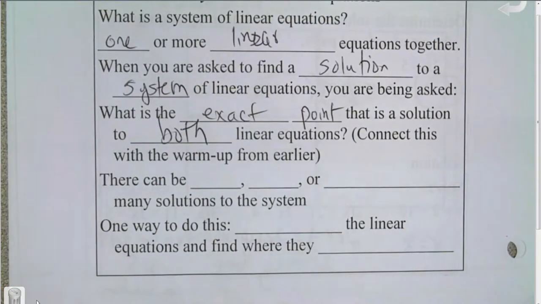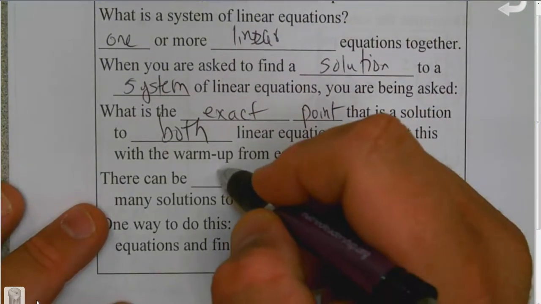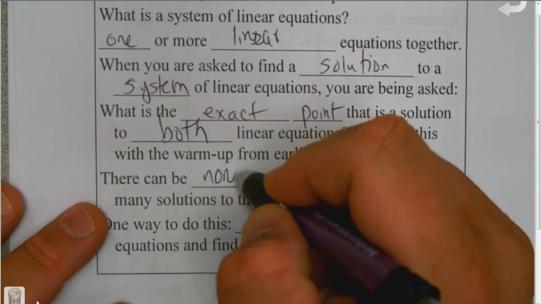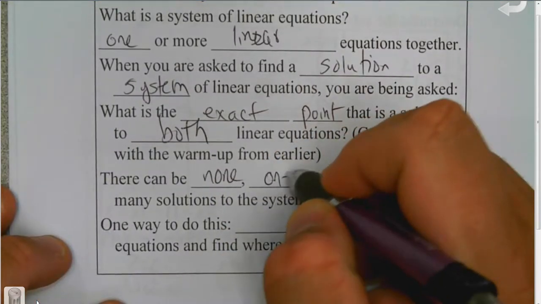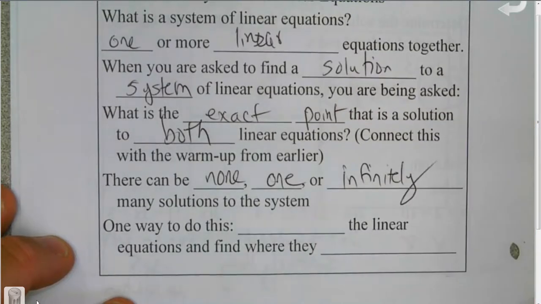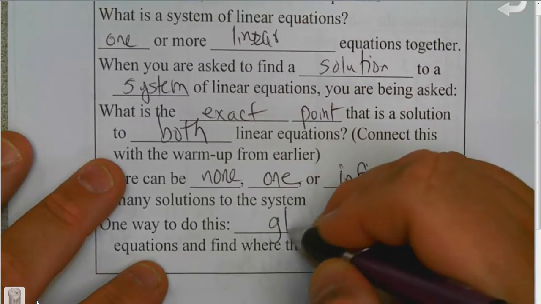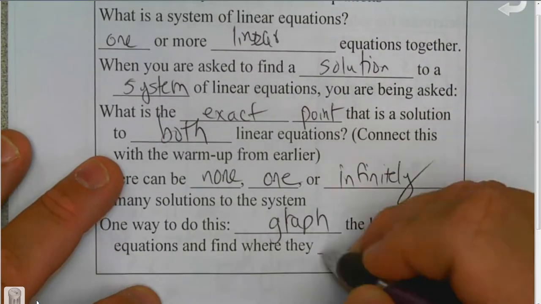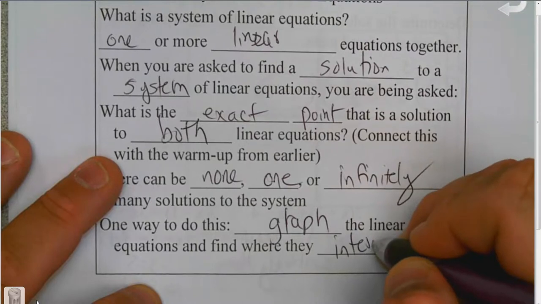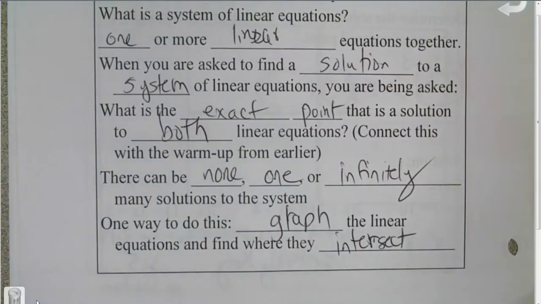So remember, we talked about that, and we did the warm-up on the first page. And remember, there can be none, one, or infinitely many solutions. So one way to do this is to graph the linear equations and find where they intersect.